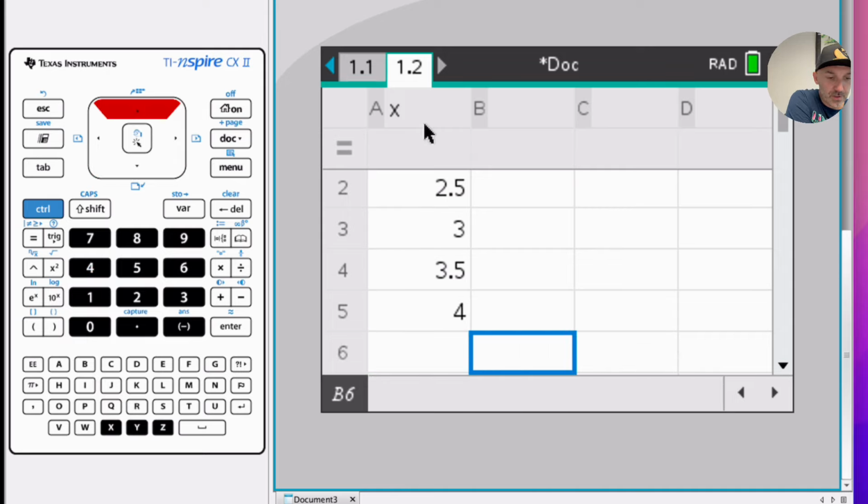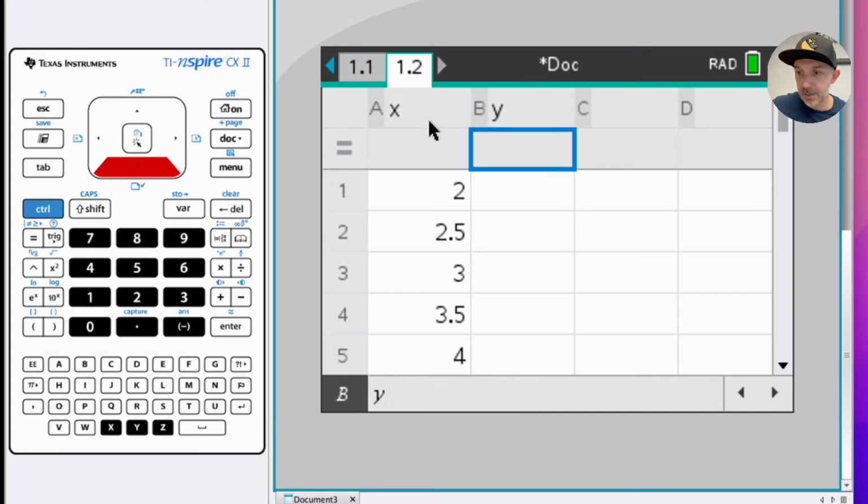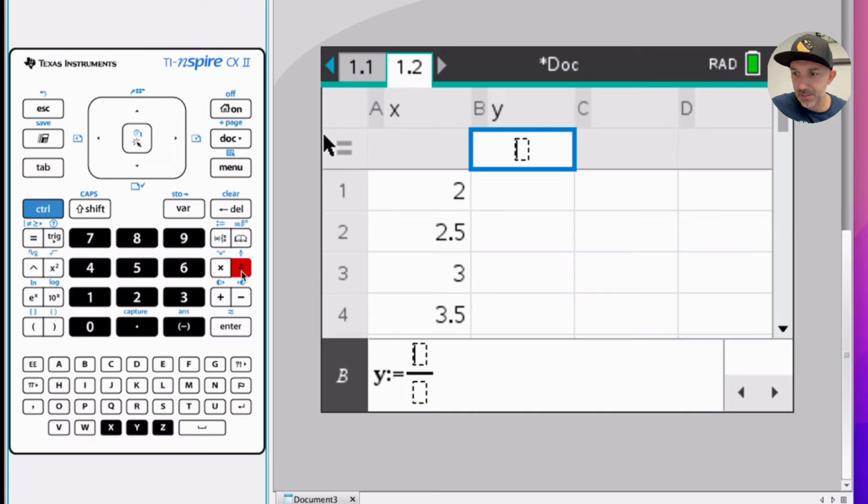And then over here, I'm going to enter y, and this row here is quite important. This is where we're going to put the function, like the equation of the function. So you hit equals, and then we're going to put the 2 over root x.